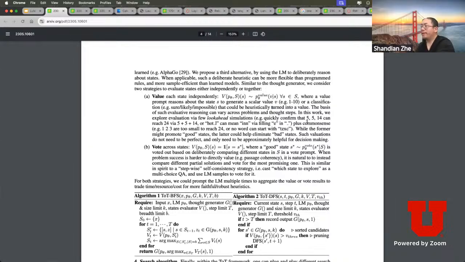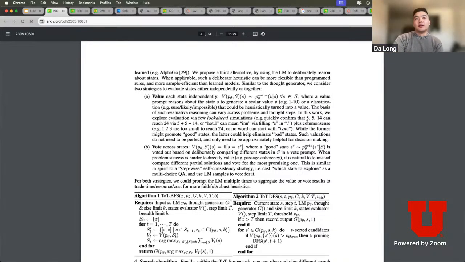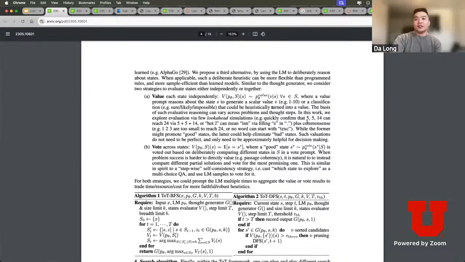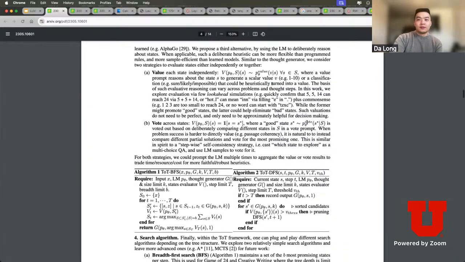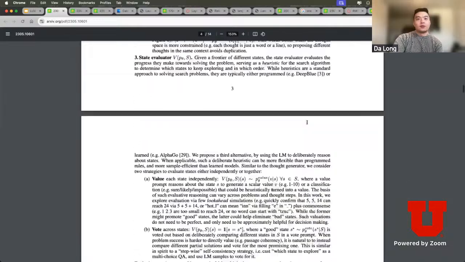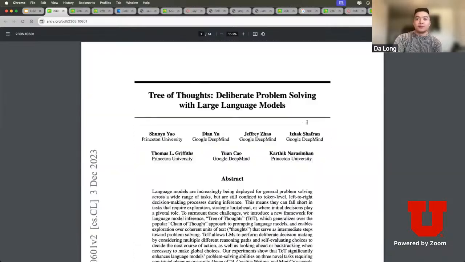Those classical classifications could be heuristics turned into a value. Maybe you prompt, do you think it's true or not? Is it possible or impossible? You need to re-prompt the model to give you the evaluation of the current step. So yeah, this paper is still prompting based.